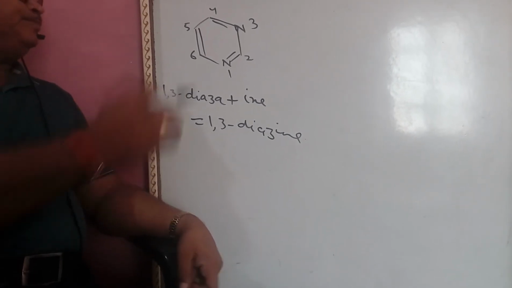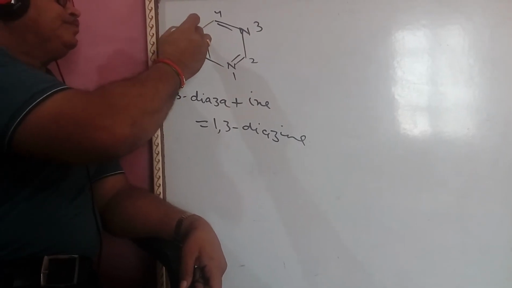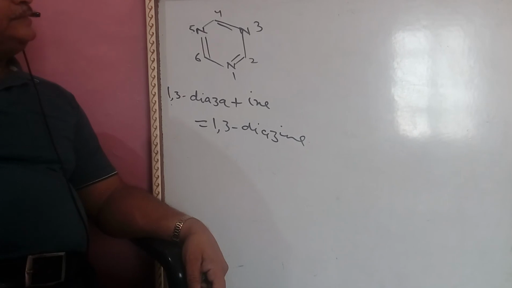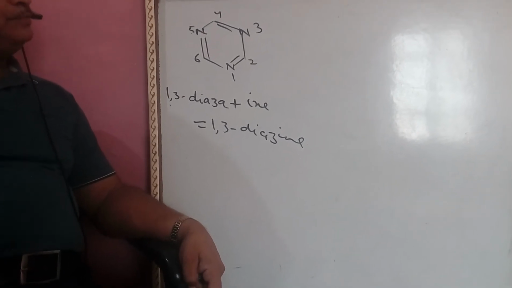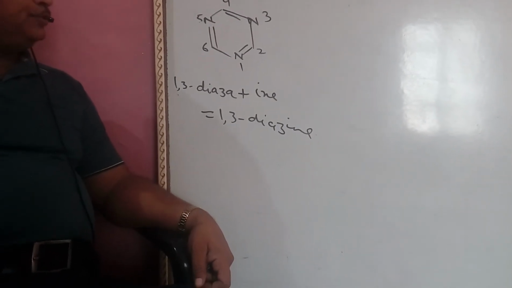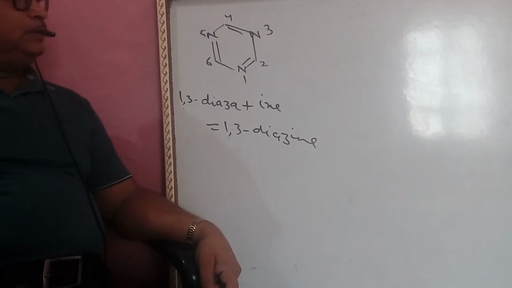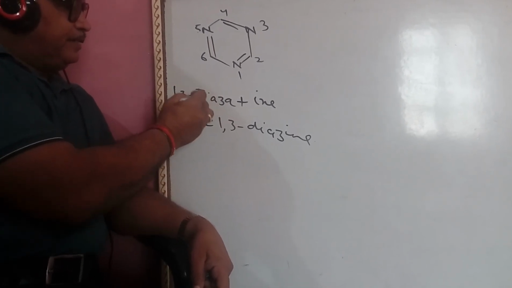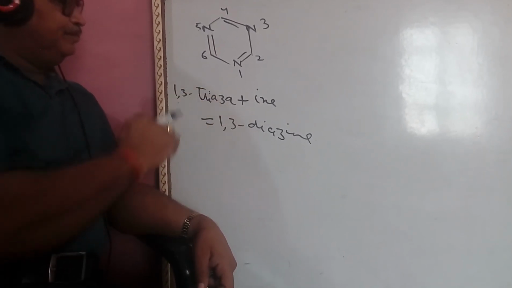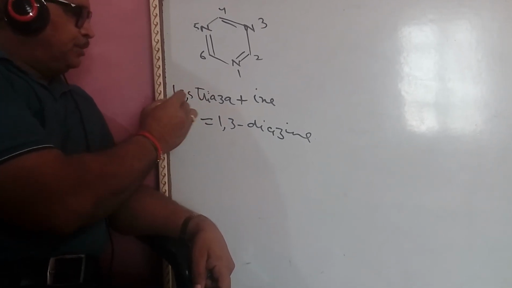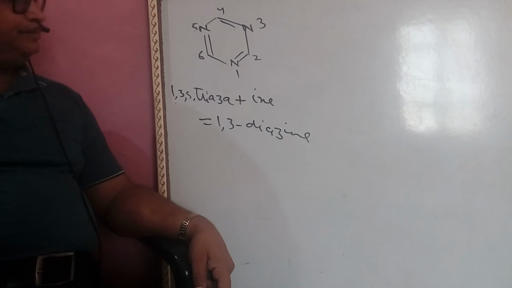Another example is this. Now you can see in this compound 3 heteroatoms are present which are similar, and that is nitrogen. So the prefix for this compound will be triaza, and these heteroatoms are present at position number 1, 3 and 5.